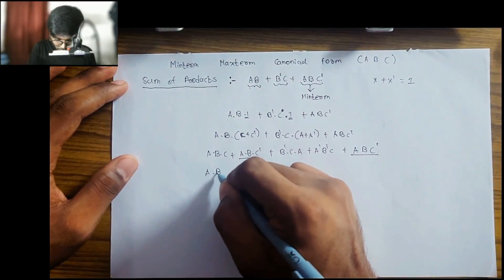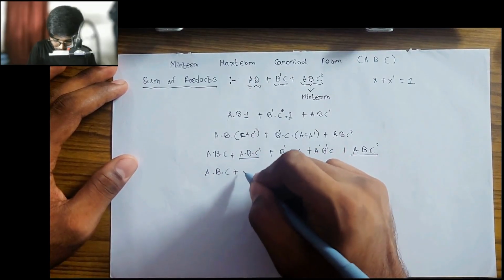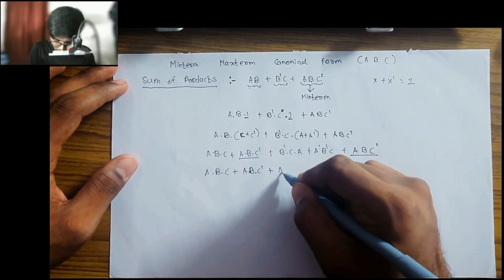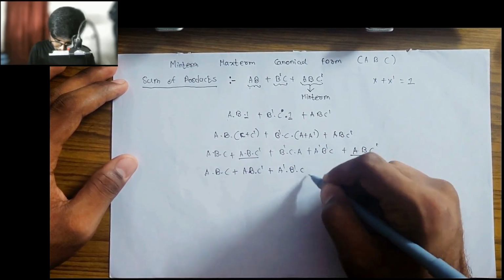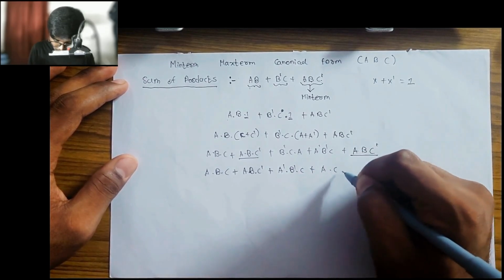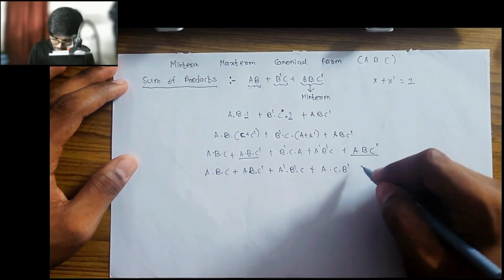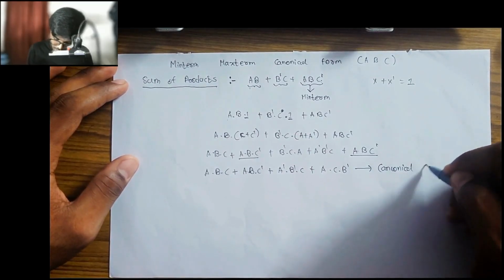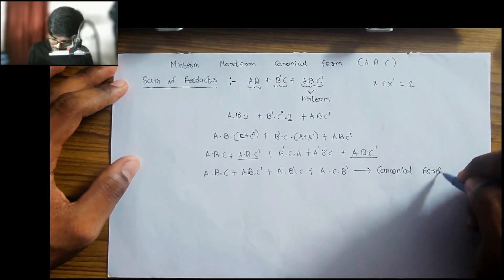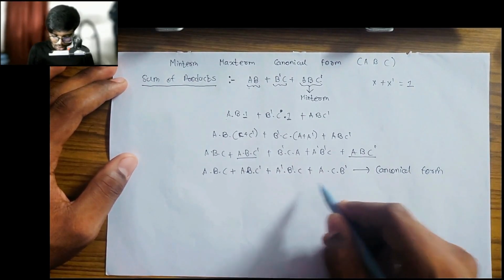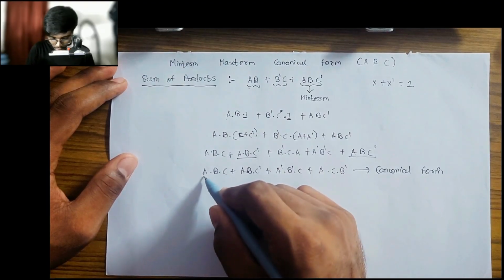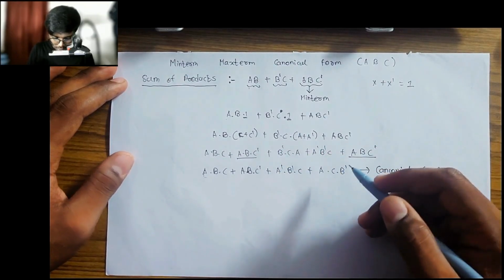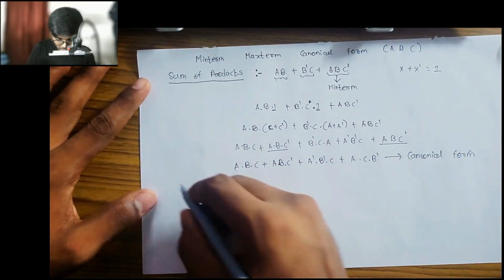So the final Boolean expression will be ABC + A·B·C̅ + A̅·B̅·C + A·C·B̅. This is the canonical form of sum of products, because all the terms of this Boolean expression are minterms.